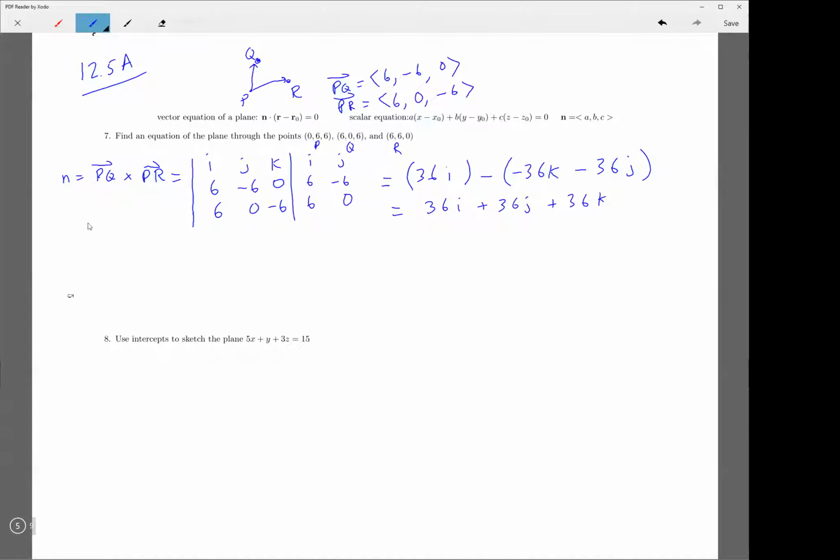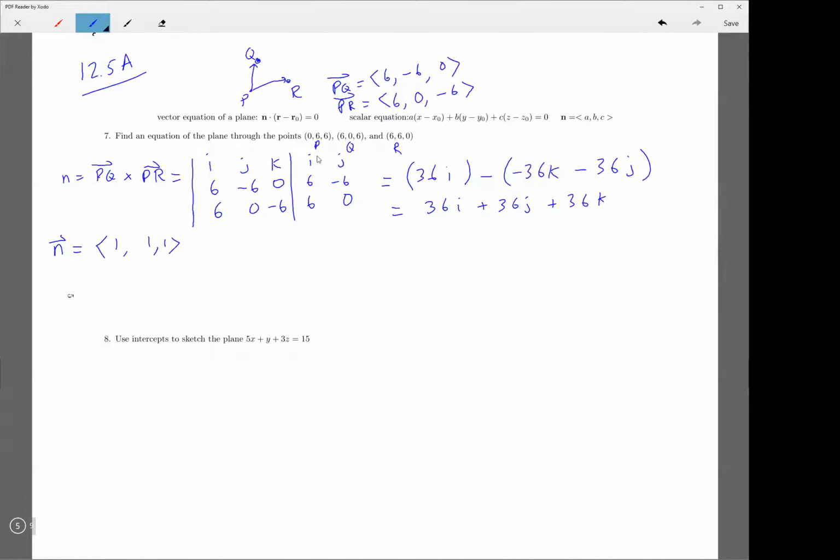Now they're all 36s, so if you want, you can just use the vector 1, 1, 1. Okay, so you can just divide everything by 36 and use that vector instead. We just need a vector that's normal. It doesn't have to be a specified vector, just any vector that's normal. And this is the easiest one, 1, 1, 1, instead of using 36, 36, 36. And so that's our A, B, C.